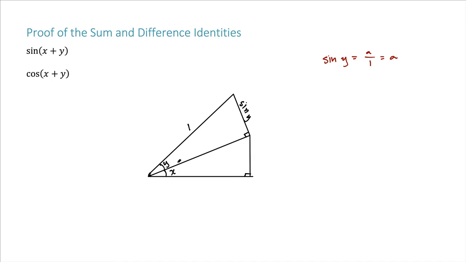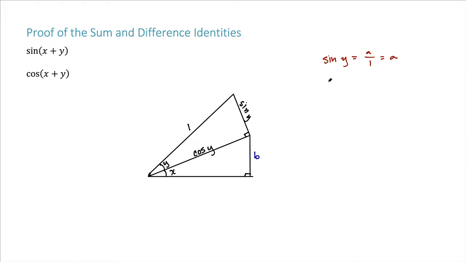I can similarly do the same thing with this line right here, which is the side adjacent to y. And you can see that the cosine of y would be this length over 1. So this length is the cosine of y. Now that I have that, that's the hypotenuse of the triangle that has the angle x in it. So if I wanted to find this side over here, we'll call that b.